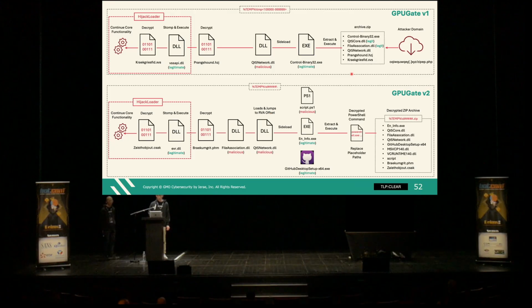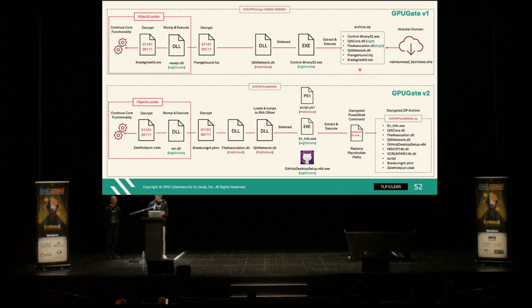So continuing from there, for version 1, like I said, it extracts and executes this zip archive containing HijackLoader, and this contains a series of legitimate binaries and malicious binaries.